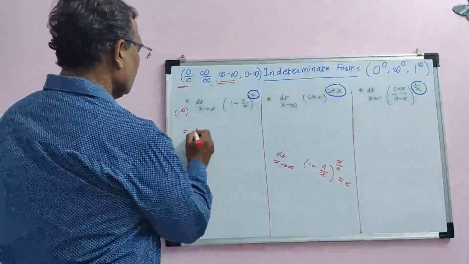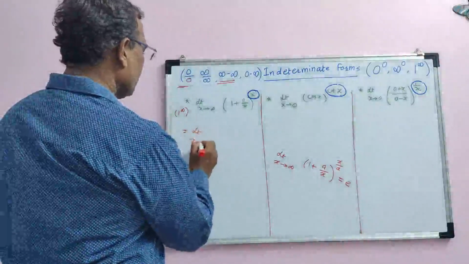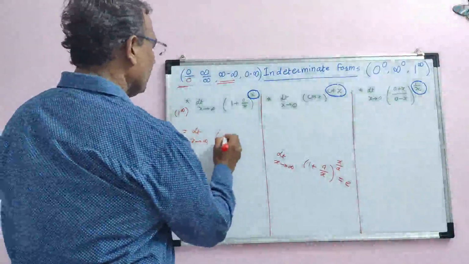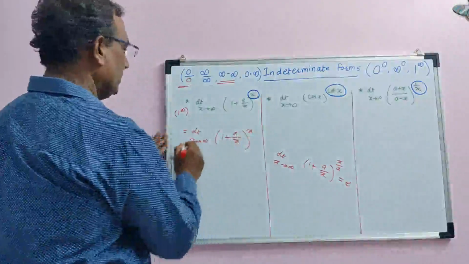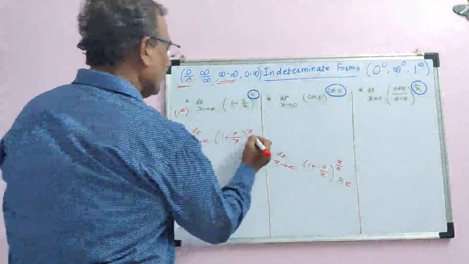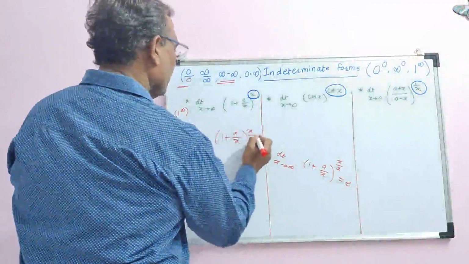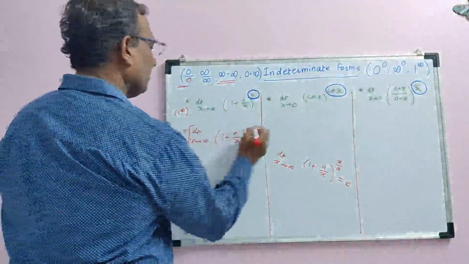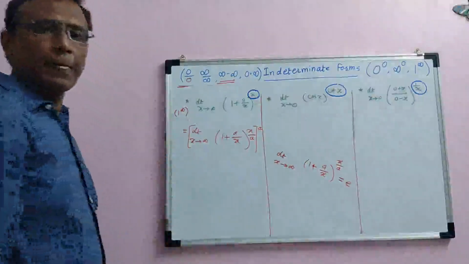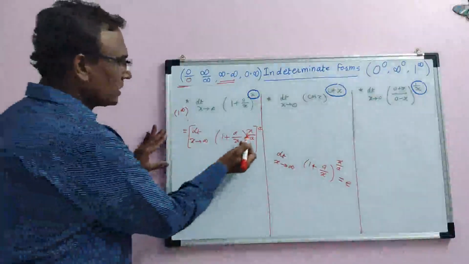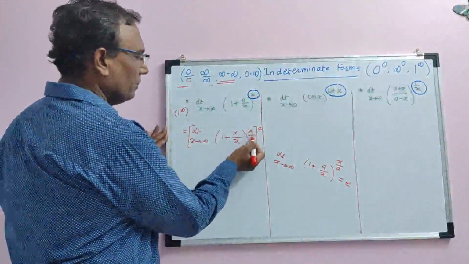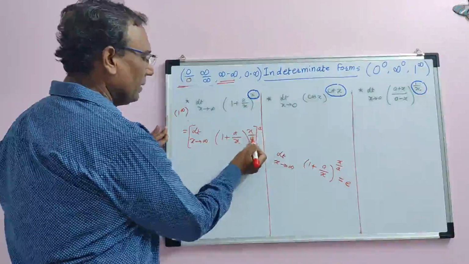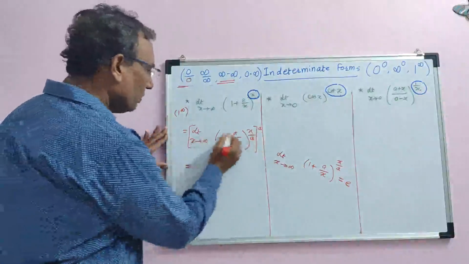Now what I am going to do: limit as x tends to infinity, 1 plus a by x, raised to power, this by a and this raised to power a. In this way I am doing the adjustment. This x by a, multiply and divide by a, and what is the value of this?